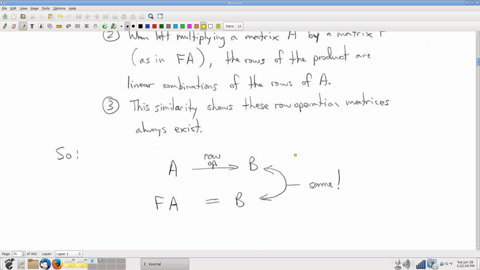And what we have now is we don't have to think of this as a process or an action or some vaguely defined thing. That row operation is entirely reflected in some matrix, and I can view that simply as an algebraic process. I view that row operation as left multiplication by some matrix F.